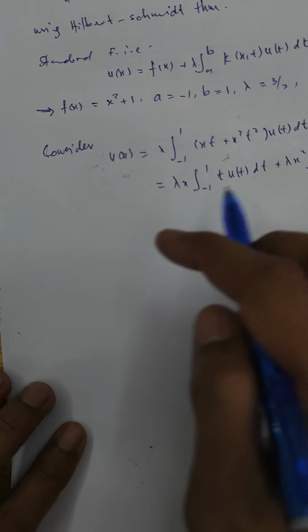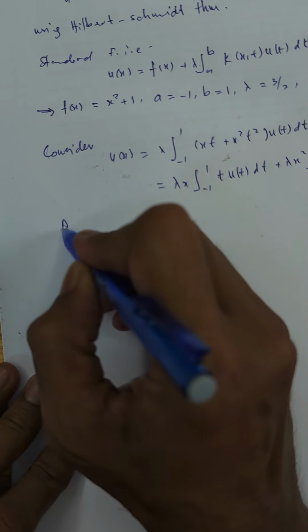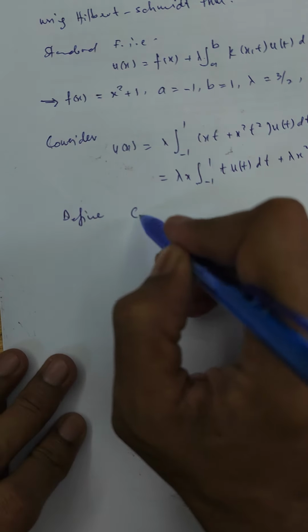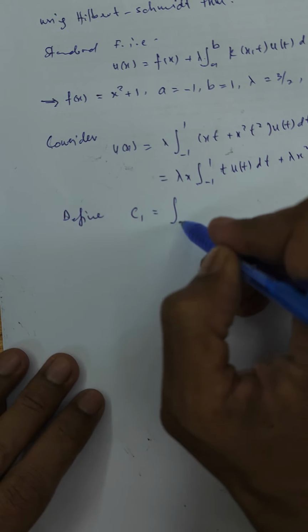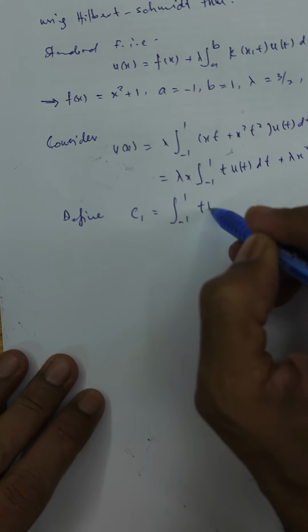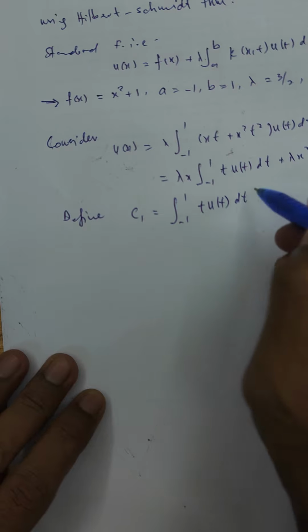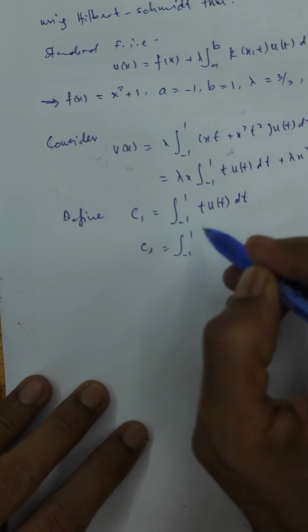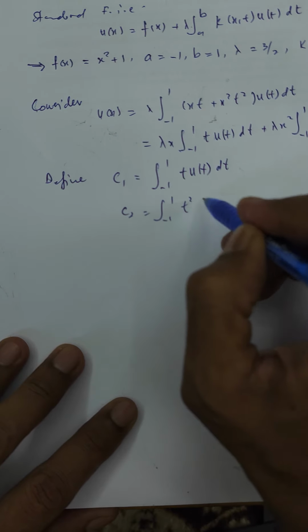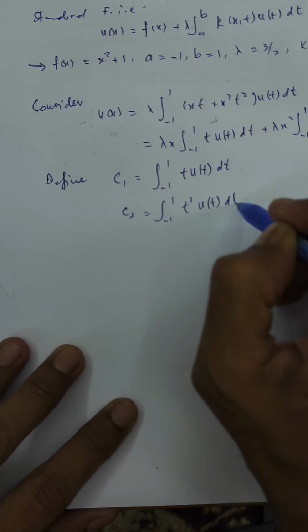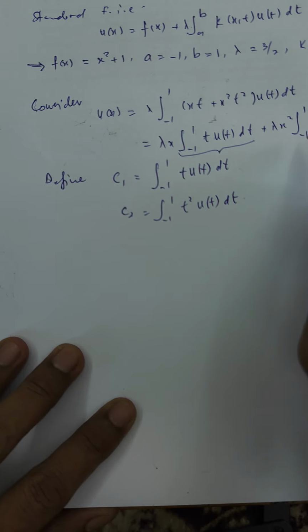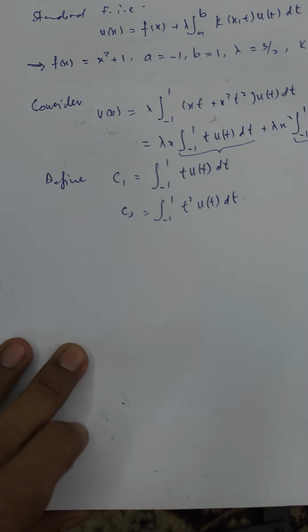As usual, we define these two integrals. We define C1 as the integral from -1 to 1 of t u(t) dt, and C2 as the integral from -1 to 1 of t squared u(t) dt.